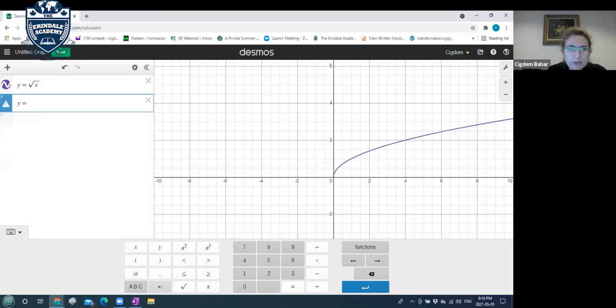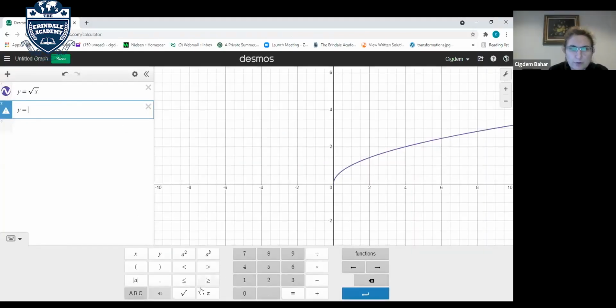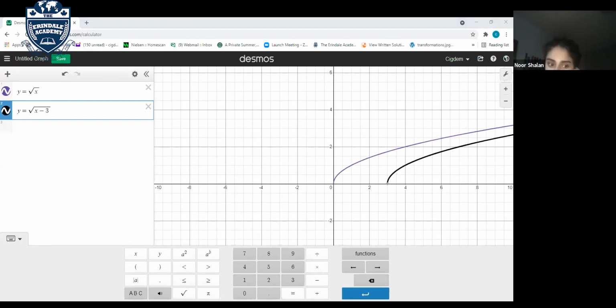Can someone read? x minus 3. So in the square root, open the square root, x minus 3. And the other one, what was the other one? x minus 6. Minus 6 and positive 5.